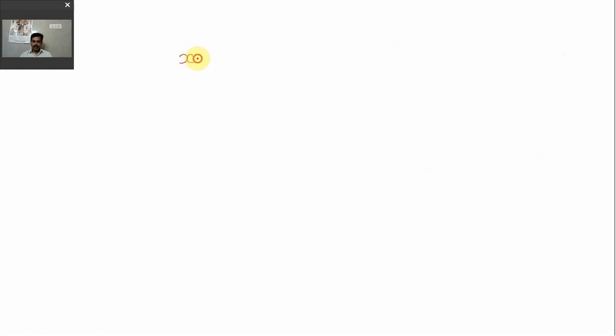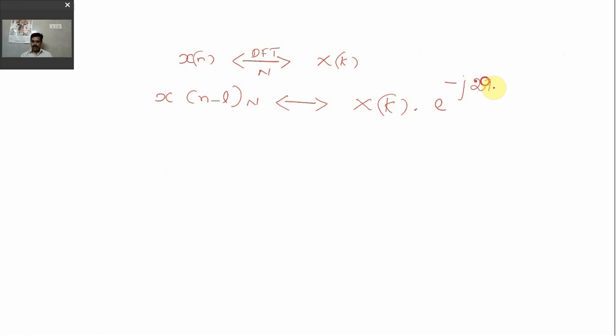If x of n is a sequence and its N-point DFT is X of k, then x of n minus L, that is time shifting a sequence by L samples, is equivalent to multiplying its DFT by e to the power minus j 2 pi kL by N.